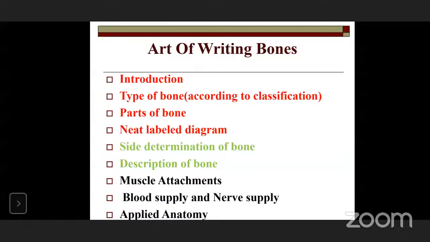Whatever you have drawn, the same thing you explain in the writing part. If your diagram contains all the parts, it will be easy to evaluate and you will get very good marks.